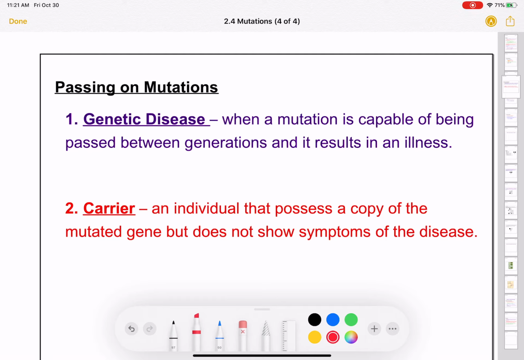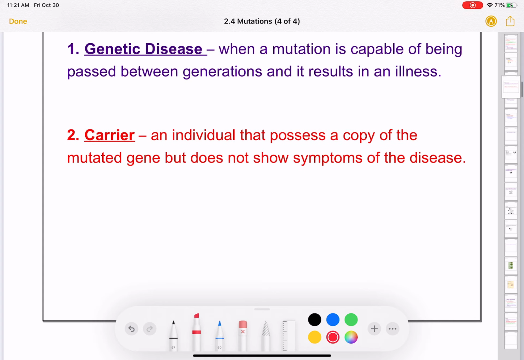So as far as passing on our mutations, when a mutation is capable of being passed between generations, and it results in an illness, this is known as a genetic disease, okay? So mutations are not always an illness, they're not always bad, but in the case that they are passed from one generation to the next and lead to some sort of illness, that's known as a genetic disease.